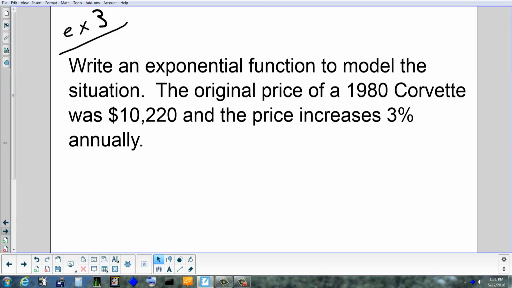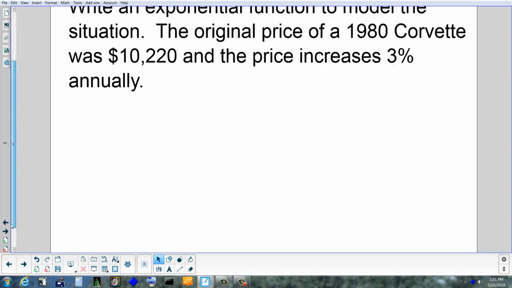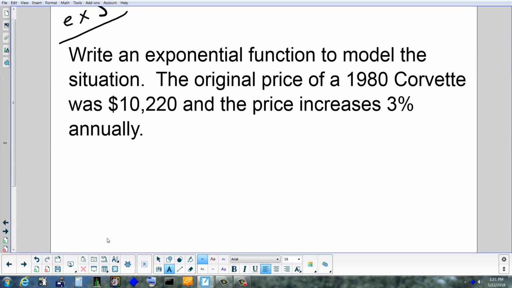So, let's look at an example. Write an exponential function to model the situation. Anywhere in that question, does it say solve? No, we don't have to solve. Let's read. The original price of a 1980 Corvette was $10,220, and the price increases 3% annually.